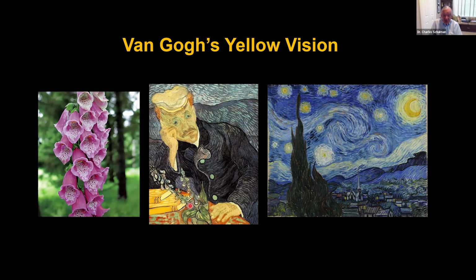Look how yellow everything looks. And he's holding a foxglove plant. Foxglove is the plant from which digitalis and digoxin are made. In those days, apparently, they used digitalis as a treatment for depression. It apparently wasn't very successful in Vincent because he cut off his ear, but it made his vision yellow, very yellow, as you can see here.